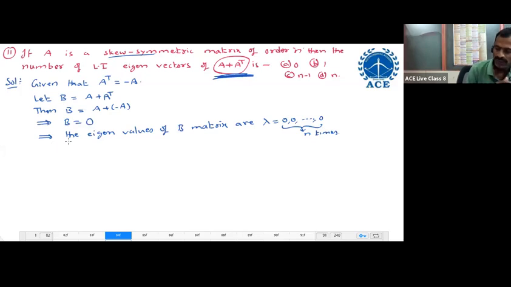So up to here we know the eigenvalues, but they are not all different; all are repeated. Because they are repeated, directly we cannot say the number of independent eigenvectors. In this case, we require the formula P equal to n minus r.